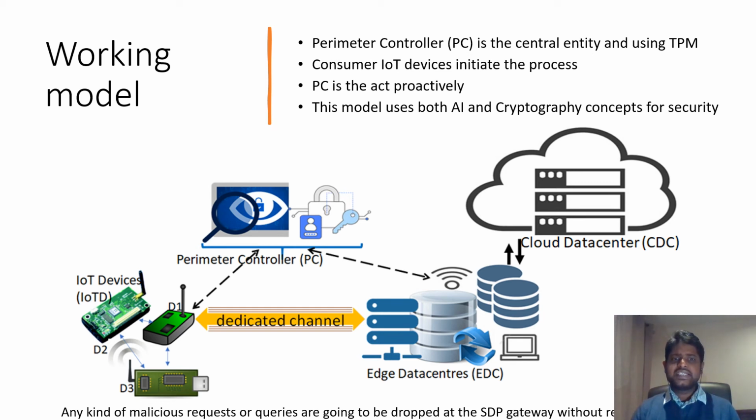After successful authentication, the perimeter controller proactively finds the available edge data center and creates a dedicated channel between the IoT consumer device and the edge data center for uninterrupted communication. So as a result, intruders do not get a chance during the authentication process.